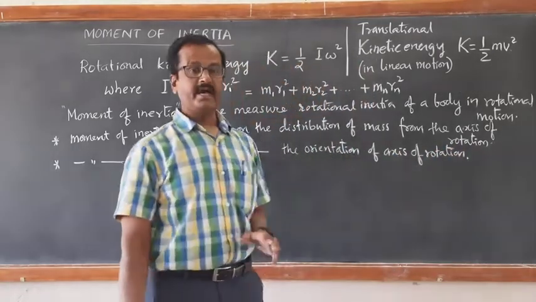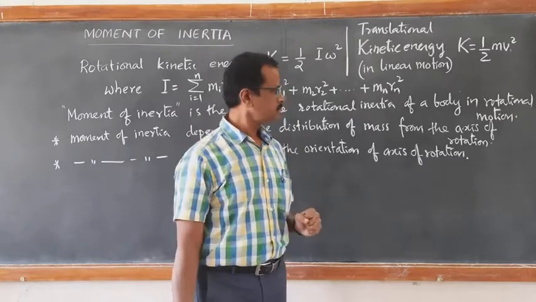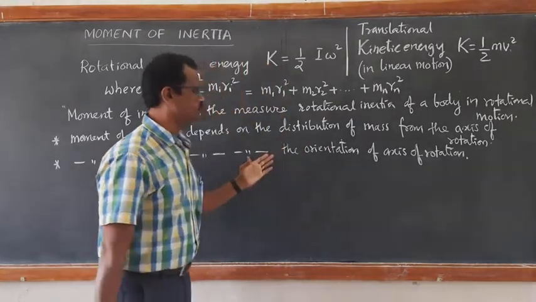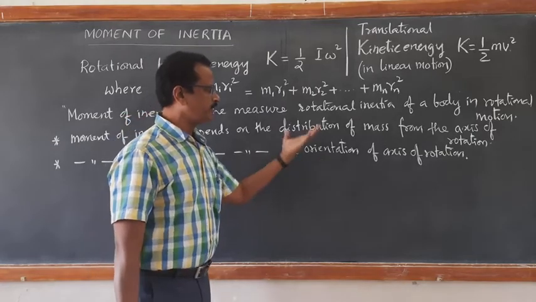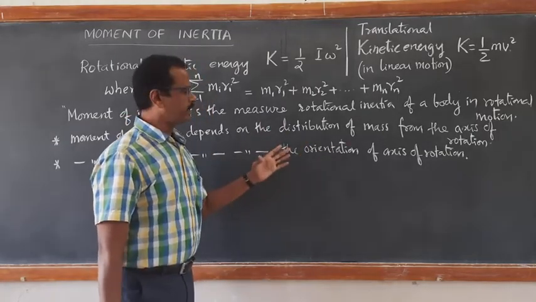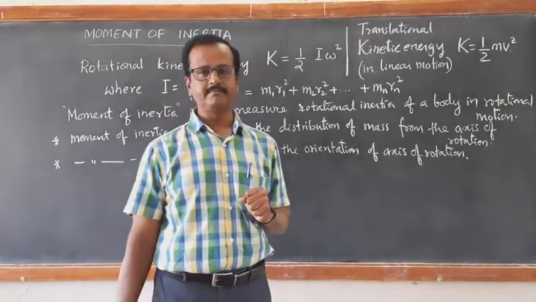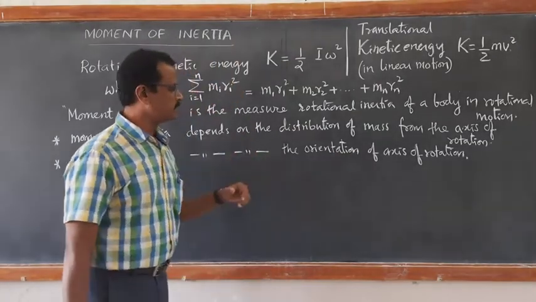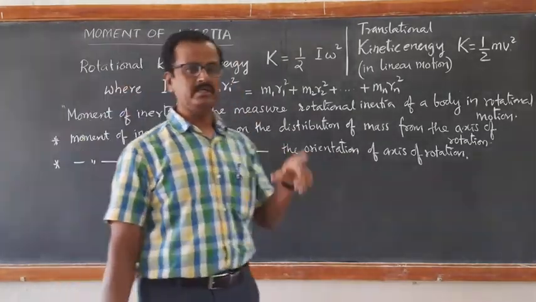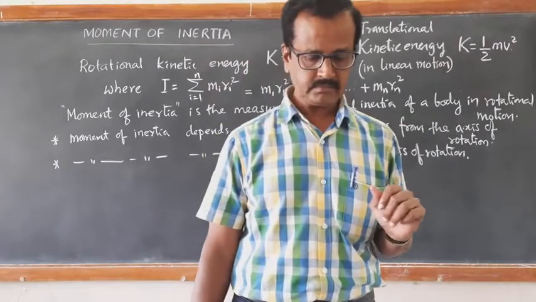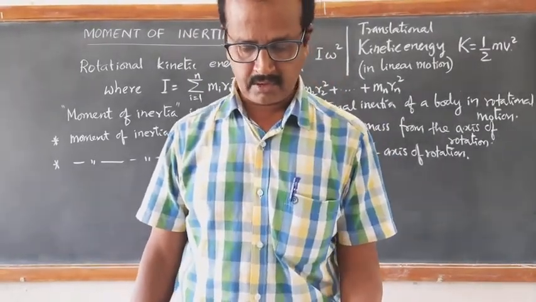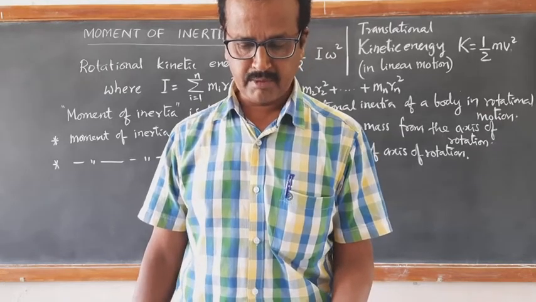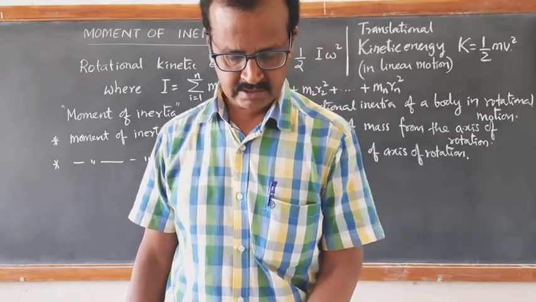It not only depends on distribution of mass from the axis of rotation, it also depends on how the axis of rotation orients with respect to the rigid body, the way the axis of rotation is fixed. So these are the things we should keep in mind for the factors on which the moment of inertia depends.